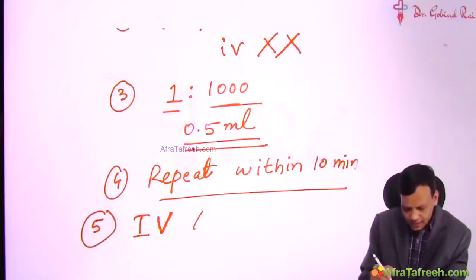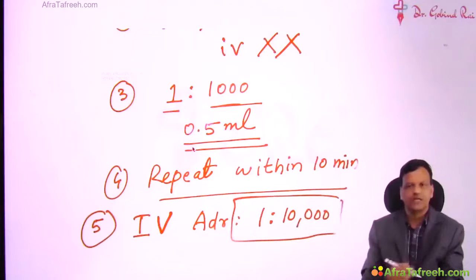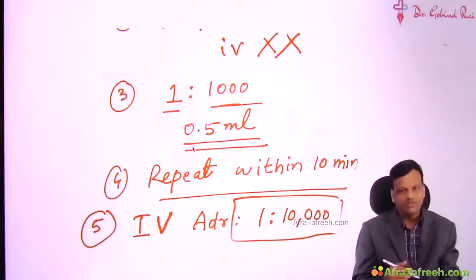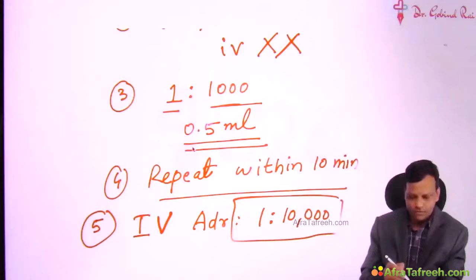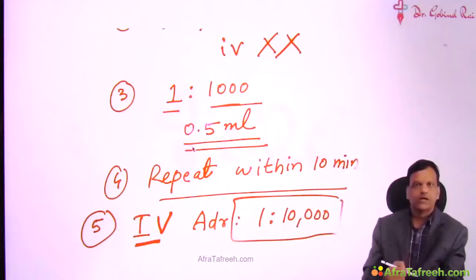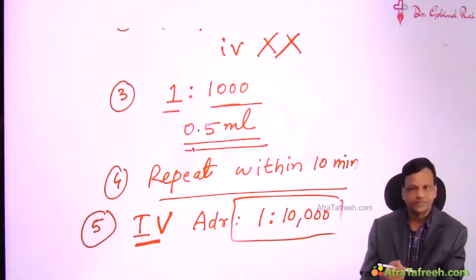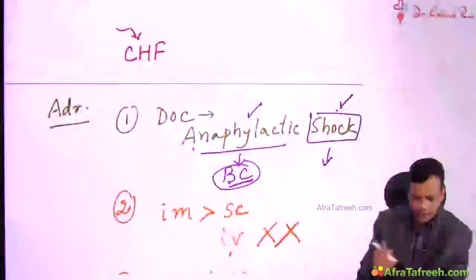But for IV adrenaline, the concentration used should be 1:10,000. That means we need to dilute it 10 times, only then we should give it intravenously. 1:1000 IV adrenaline will cause arrhythmia and the person may die. The indication of intravenous is when the intramuscular route has failed repeatedly. So that is adrenaline and anaphylactic shock.